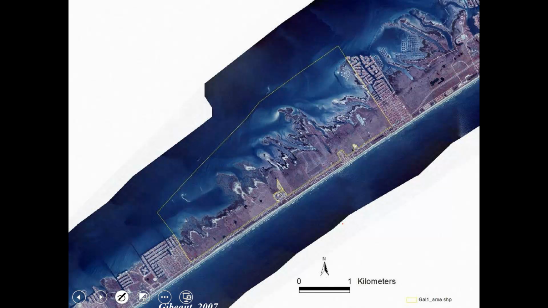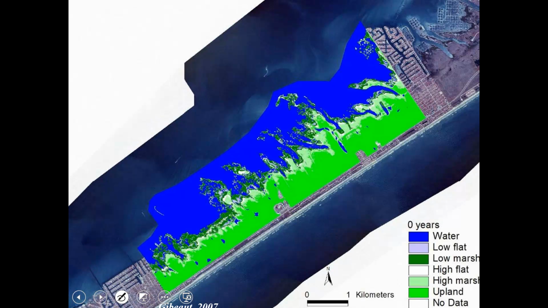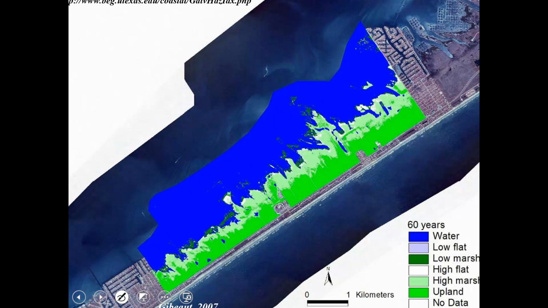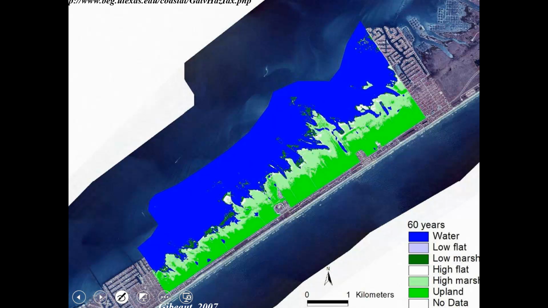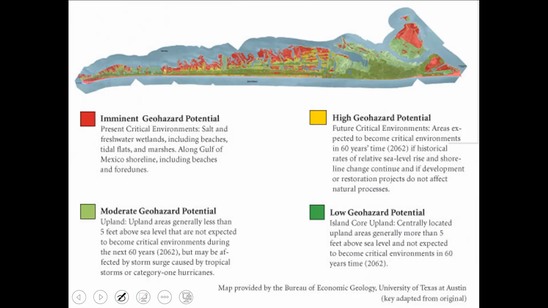Okay. Let's look at this area of Galveston along here. This is what the marsh areas are like today, and that's what it'll be in 60 years based on the amount of relative sea level rise. This is ignoring what's going on the beach. So not only is there erosion going on the beach, but the island and the marshes are getting submerged on the bay side.